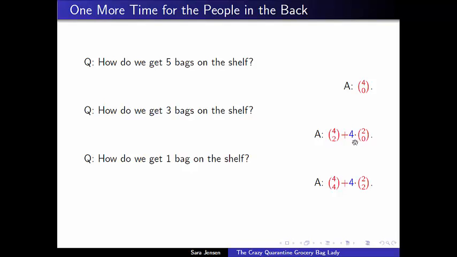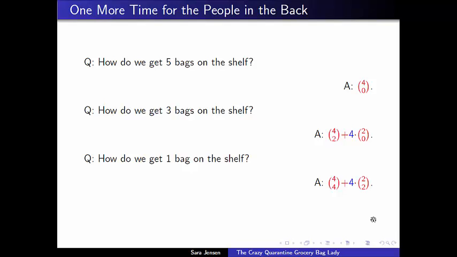And what we just computed previously is that there were 4 ways to have 2 bags on the shelf at that moment in time. Similarly, the 4 choose 4 and the 2 choose 2 are coming into this answer right here, but because there are more ways to have 2 bags on the shelf than 4 bags on the shelf, in fact there are 4 ways to have 2 bags on the shelf, we're going to need to multiply the 2 choose 2 by this 4, which is one of those weights that was coming from that picture.